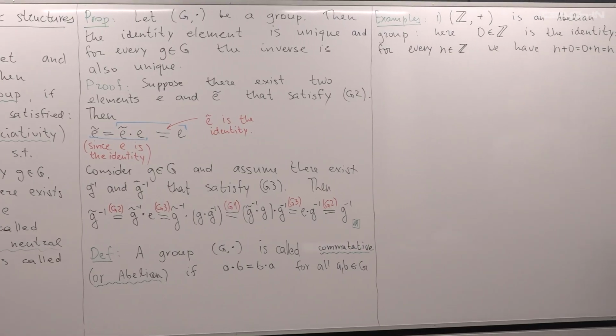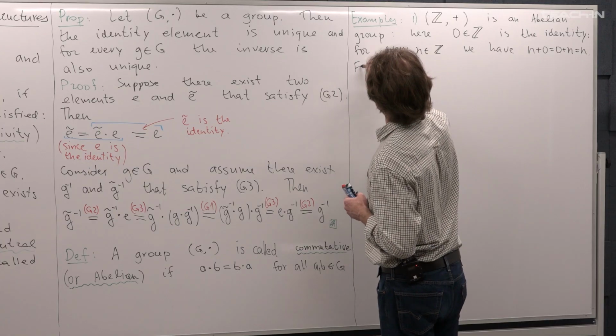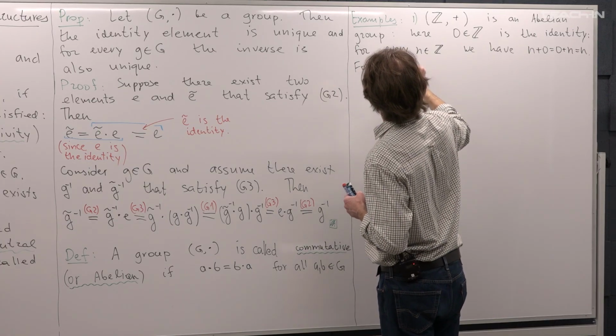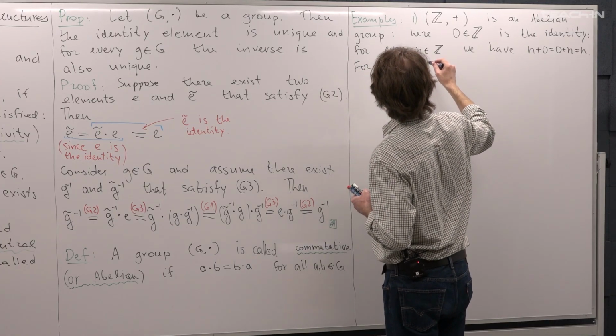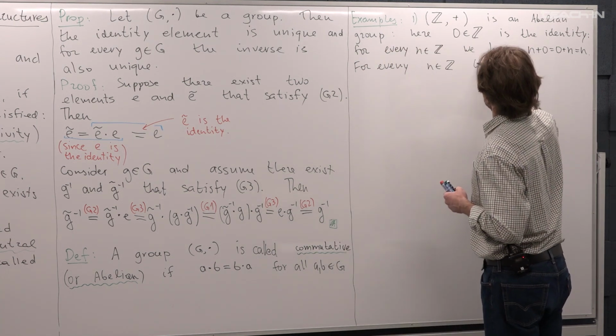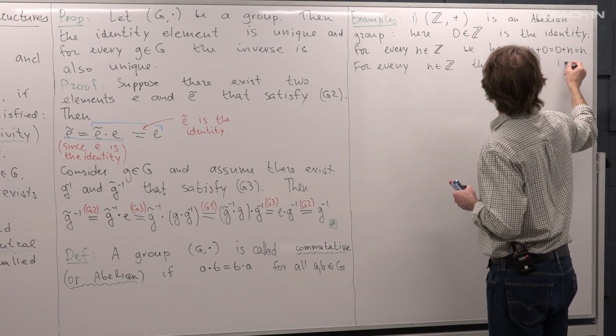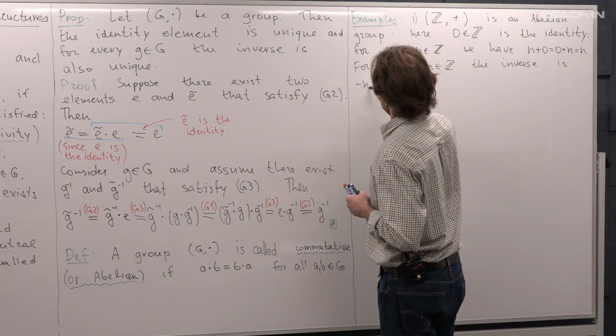So we have the identity element, and for every n, the inverse is minus n.